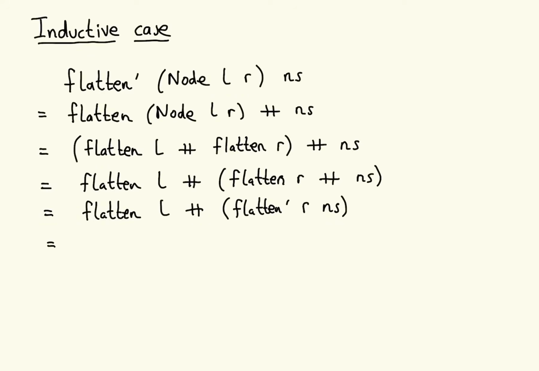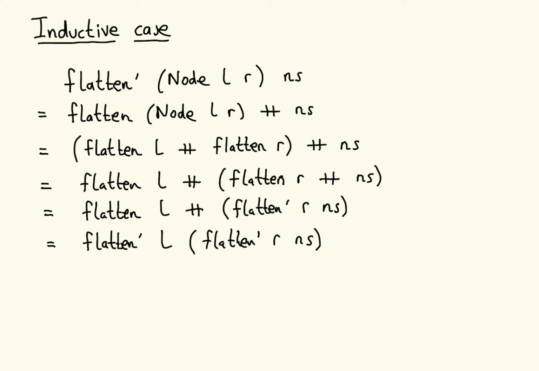So the induction hypothesis for L allows us to conclude that that's the same as flatten prime of L, and then in brackets we have flatten prime R ends. And again, at this point we are now done. If we take this equal that, this is now the recursive case for the definition of flatten prime.